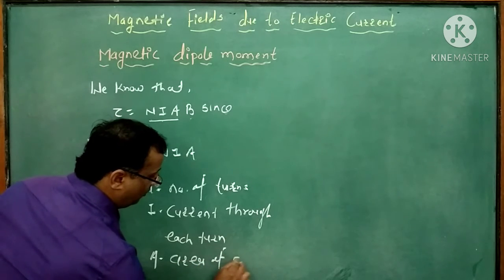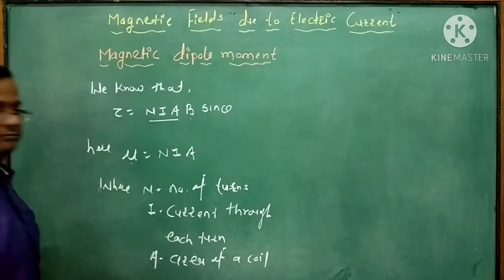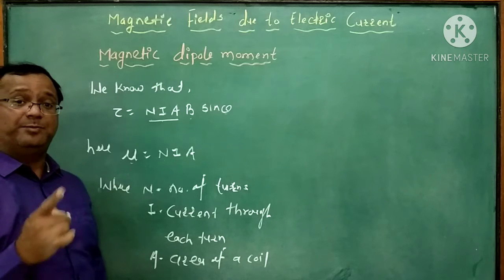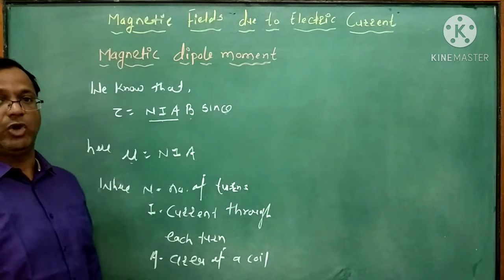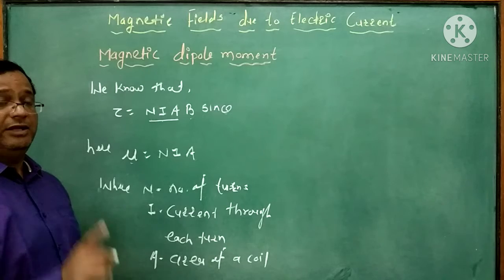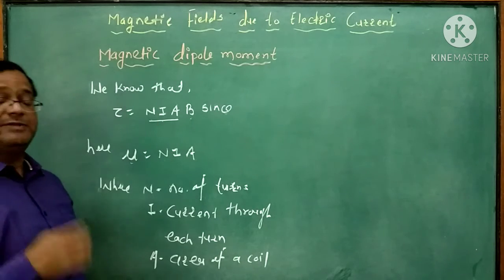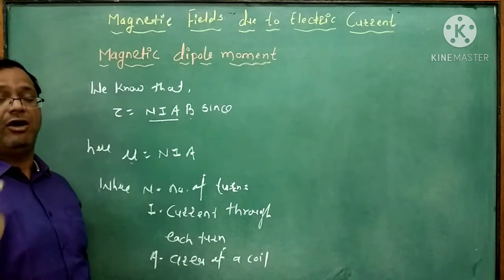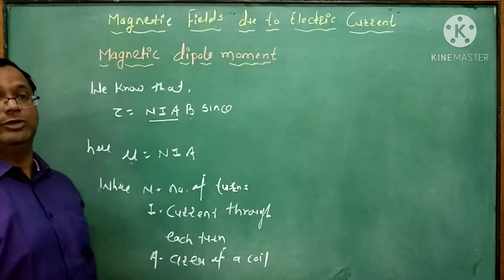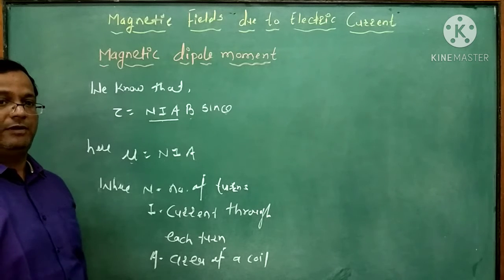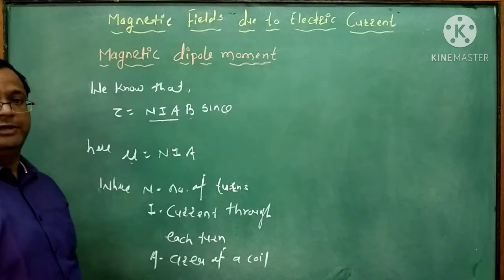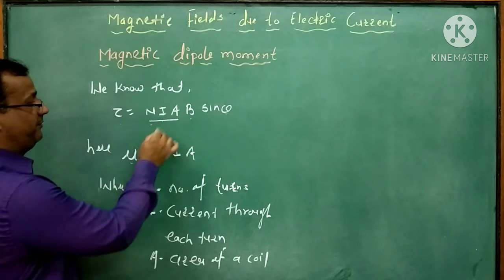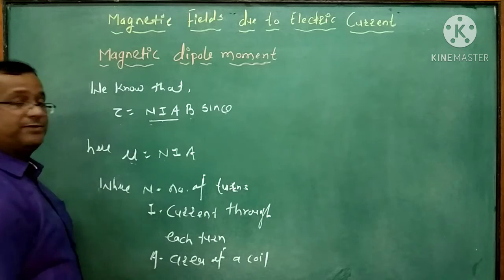This magnetic dipole moment is a vector quantity. The direction of this magnetic dipole moment is along the vector of the plane of the coil. Here, instead of NIA in this equation, we want to substitute simply mu.